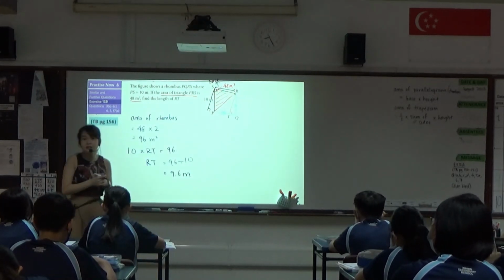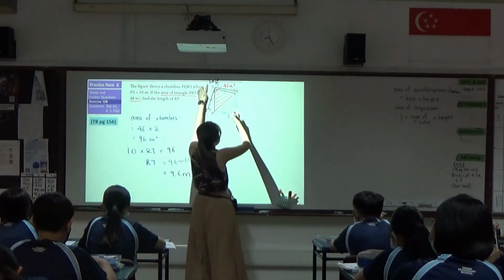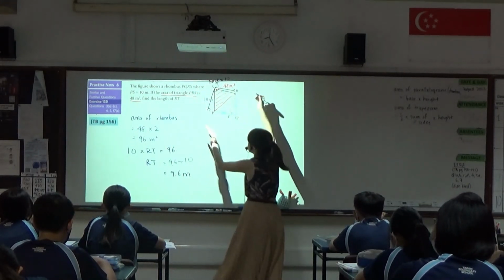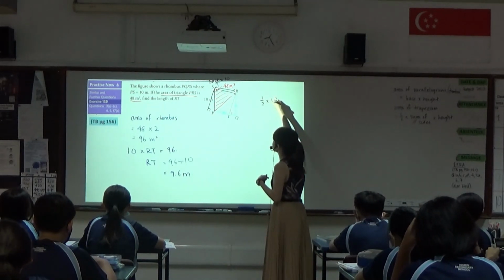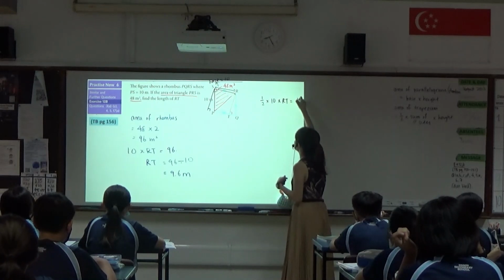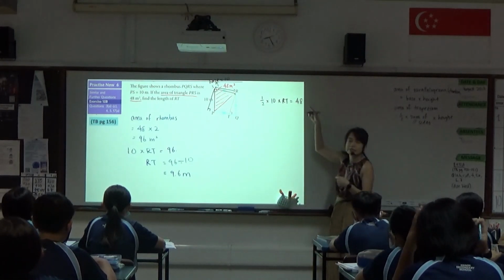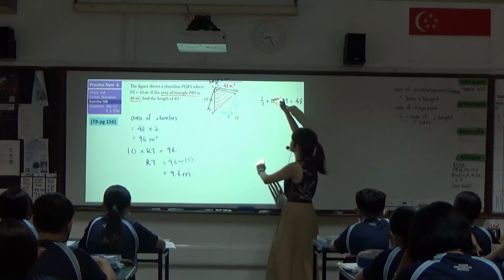Agree? Okay, so therefore, if I reconsider, my base is actually 10 because this is a rhombus. Okay, I can consider half times base times height, which is RT, equals 48. What I'm using here is area of triangle.